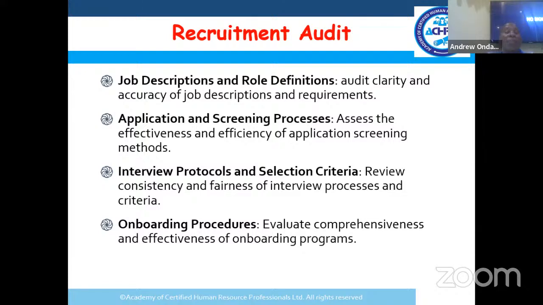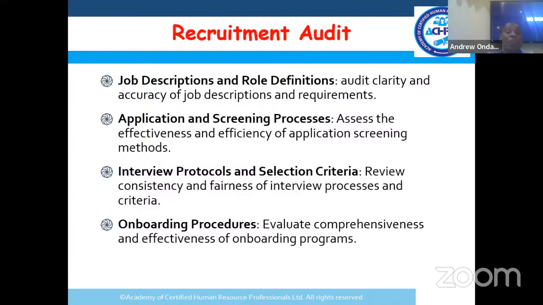Once the advertisements have been placed, people will apply. And then you ask yourself as an auditor, what are the provisions for application? There are two provisions here. One is an online application, and two, a manual application.